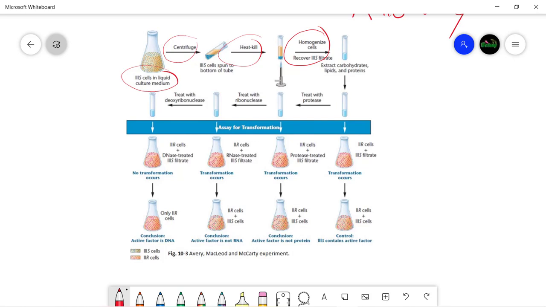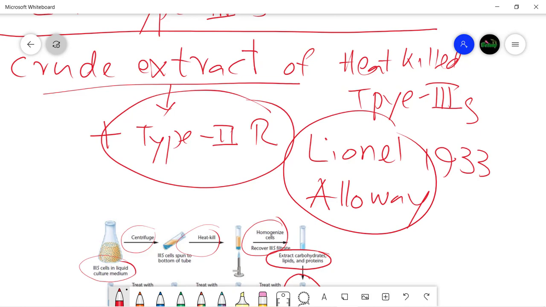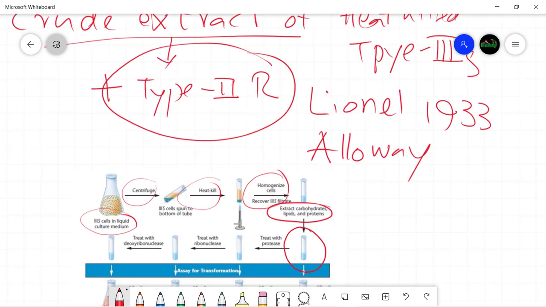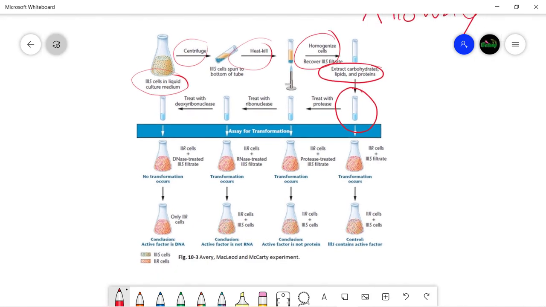What they were trying to do was to collect the extract. Now this is the crude extract which we have just mentioned. Lionel Alloway obtained the crude extract, and he could duplicate the results of Frederick Griffith with the extract. So this is what these scientists were doing, that they took the extract.